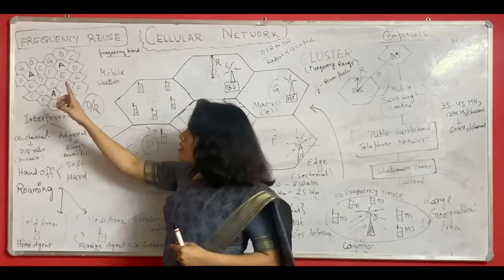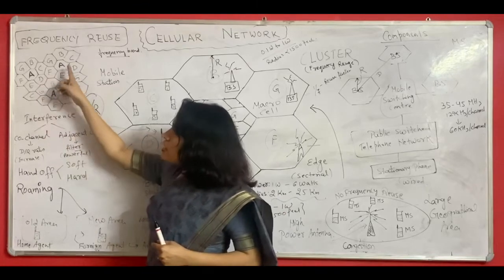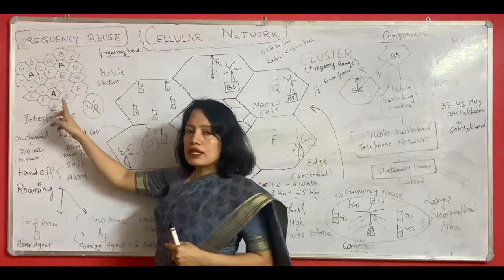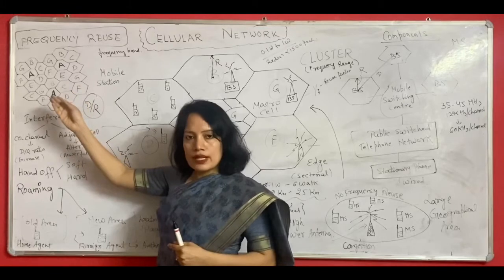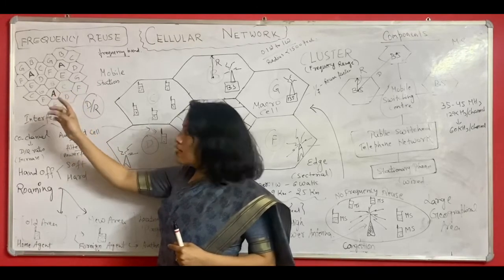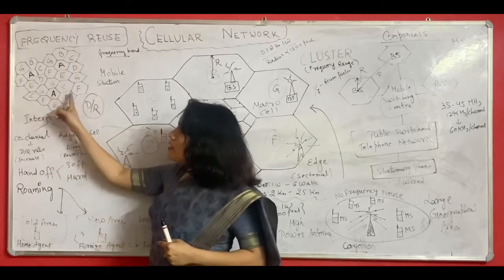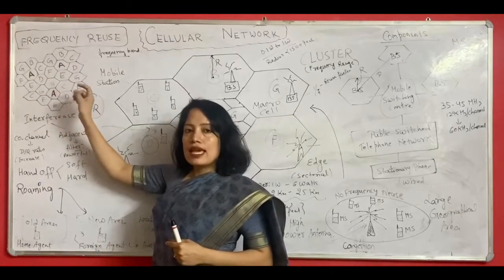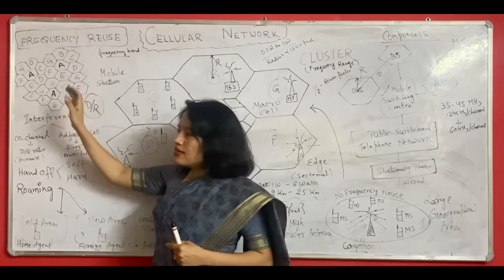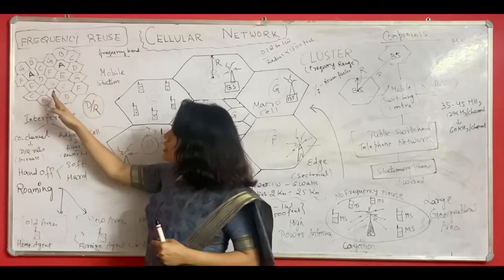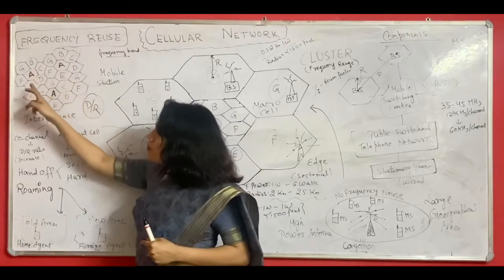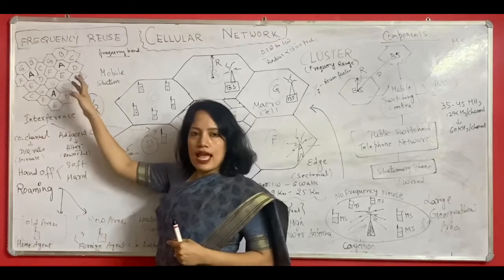Here all the cells which are marked identically use the same frequency for communication. All the A cells in different clusters communicate with their mobile stations in the same frequency range. Similarly, all the cells named B communicate with the same frequency range, and so on.